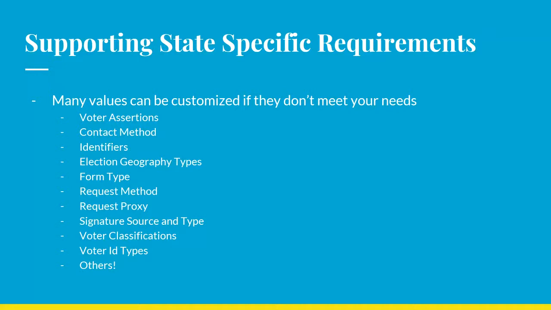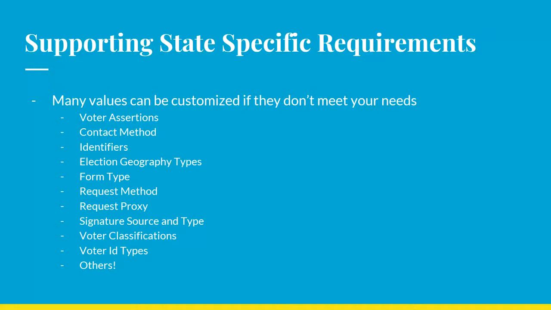A question that often comes up with common data formats, and I've been working on them since 2012, is making sure that they handle all the edge cases, and elections are full of edge cases.